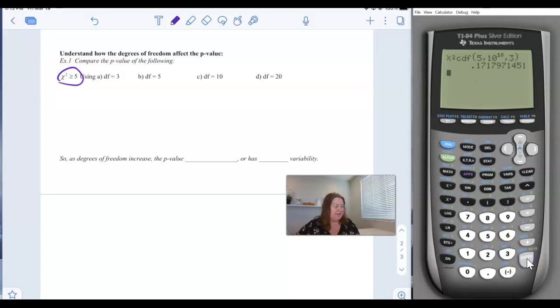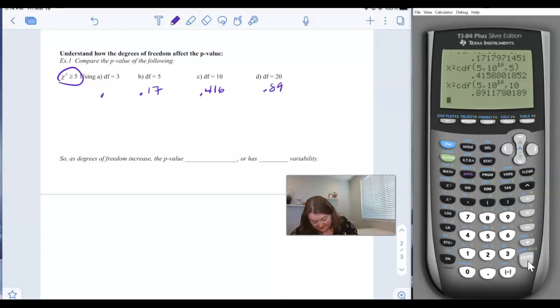I'm just going to write down what that amount is. So this one is 0.17. If I go back and repeat that, and now change it to 5, what happens to the probability? It is now 41%, 42% almost. If I go back and change it to degree of freedom of 10, it's now 89%.